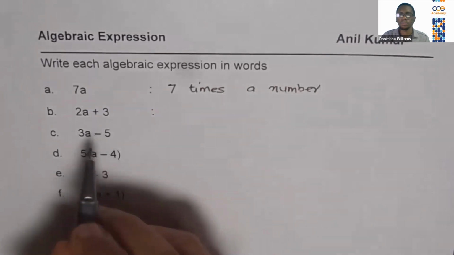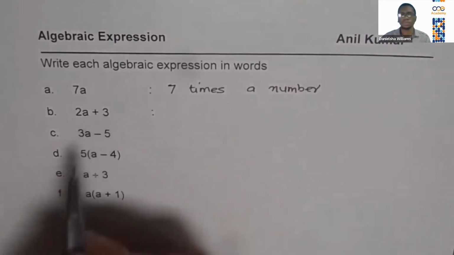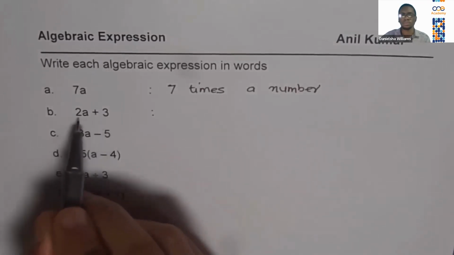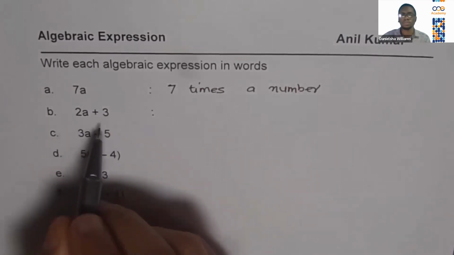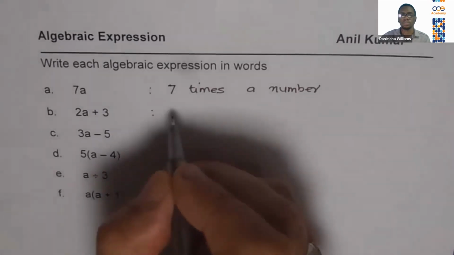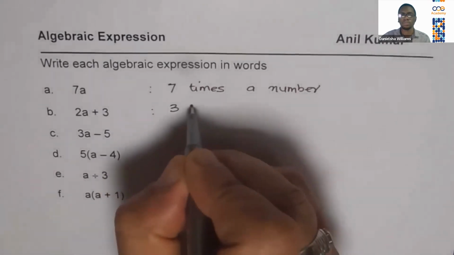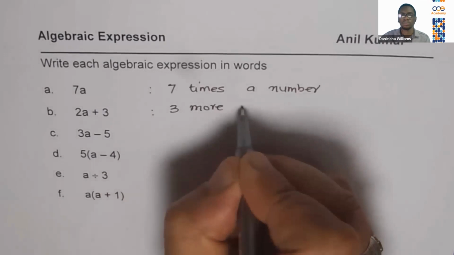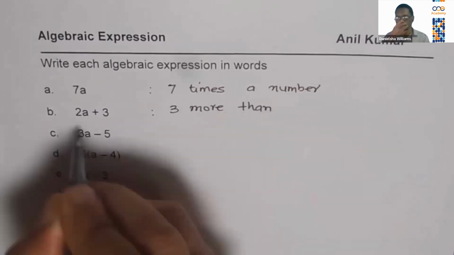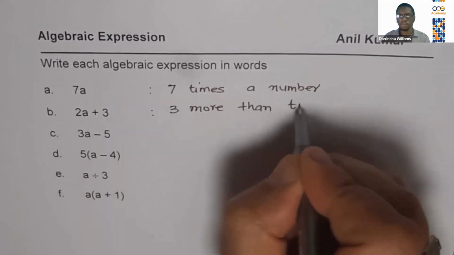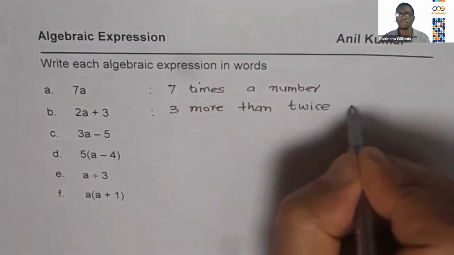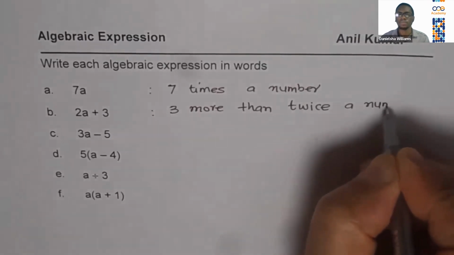Now the next one is 2a plus 3, which we could write as twice a number, add 3, but a better way of writing it is 3 more than twice a number.